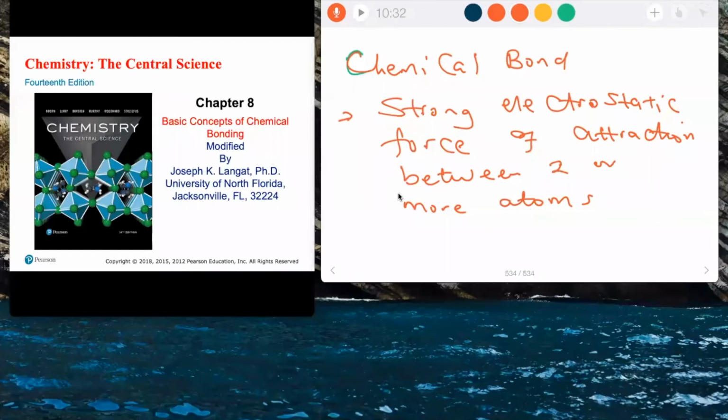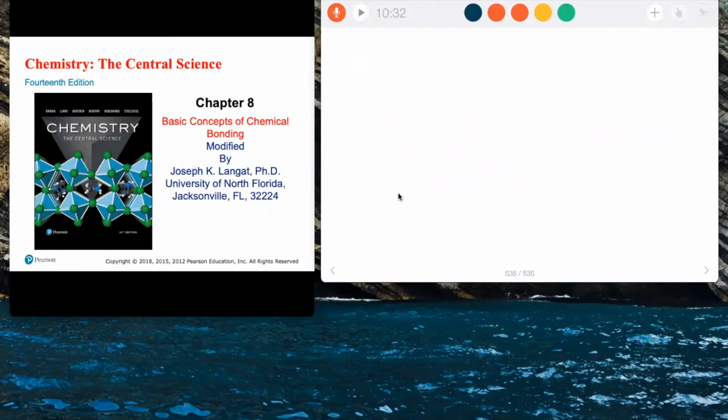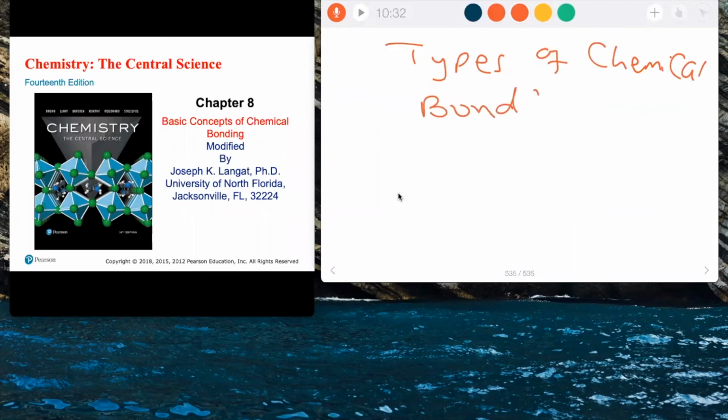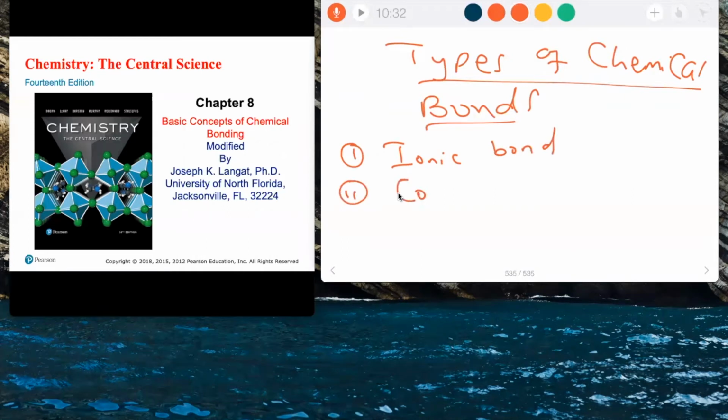There are 3 types of bond we will look at, all right? Of importance are types of chemical bonds you should be well rounded in. One is ionic bond. We're going to talk about ionic bond. We look at the covalent bond.